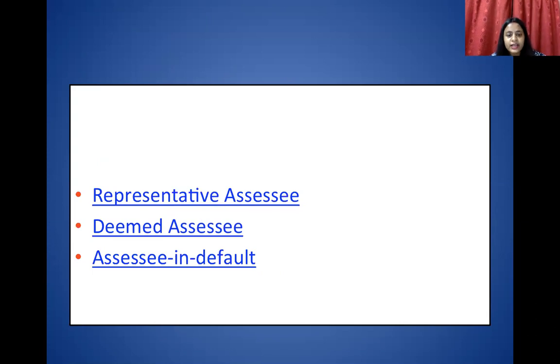The next definition covered under assessee is representative assessee. There may be a case in which a person is liable to pay taxes for the income or losses incurred by a third party. Such a person is known as representative assessee.